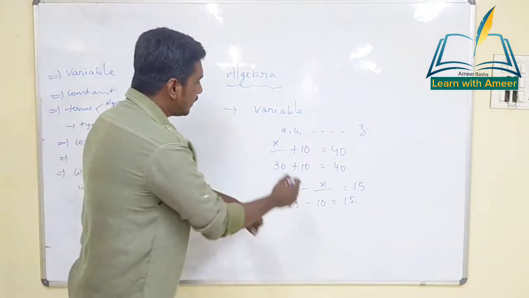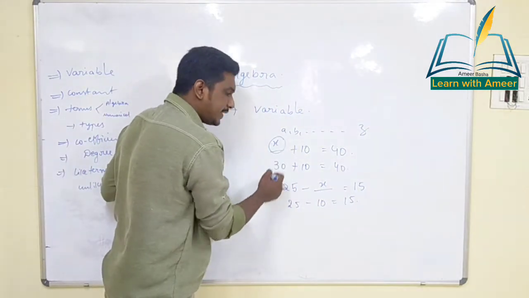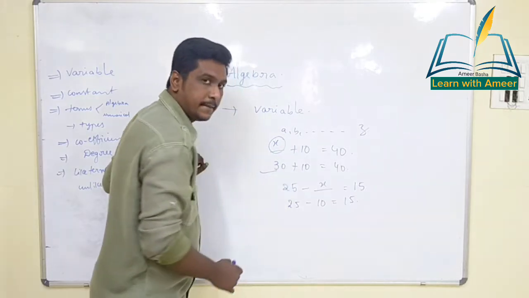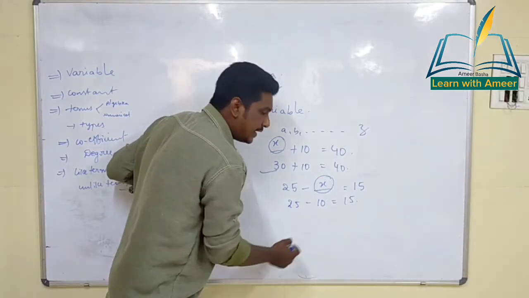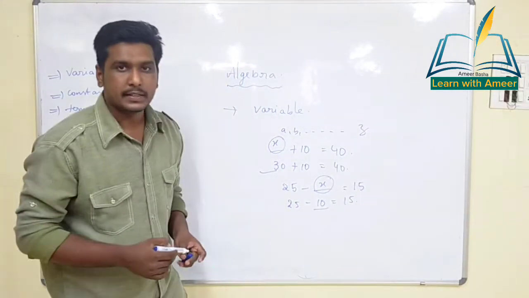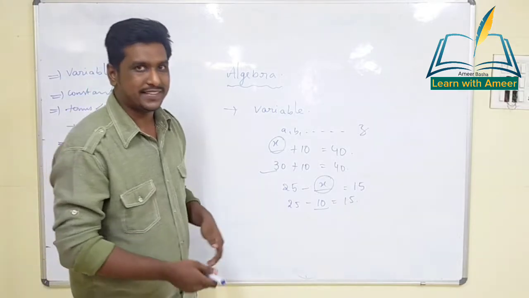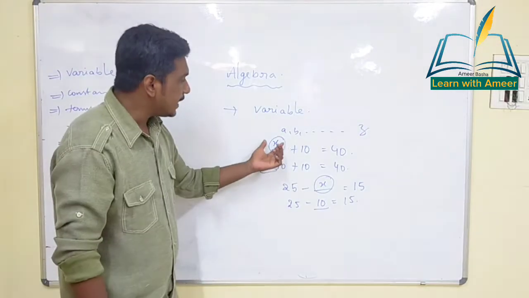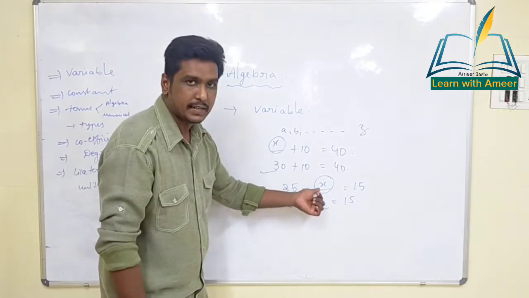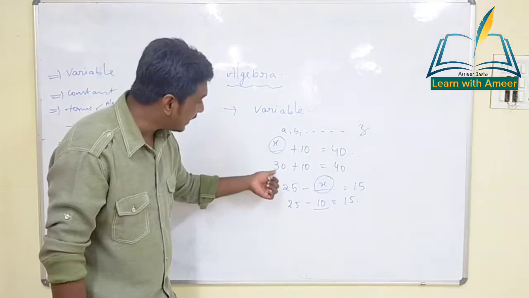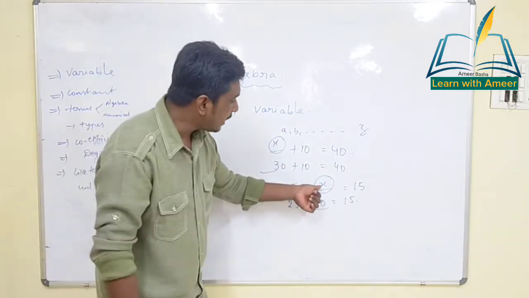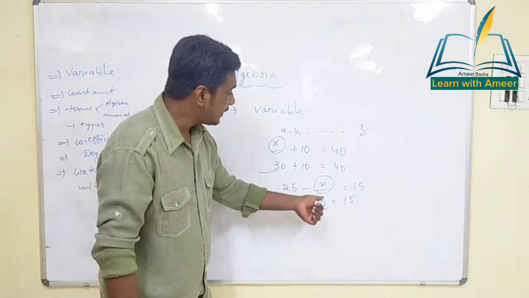So if you observe here, this is x only, and its value is 30, and here this is x only, which is 10. So what I am trying to say is that here it's x itself, here also x itself, but the value of x in this sum is 30 and the value of x in this sum is 10.